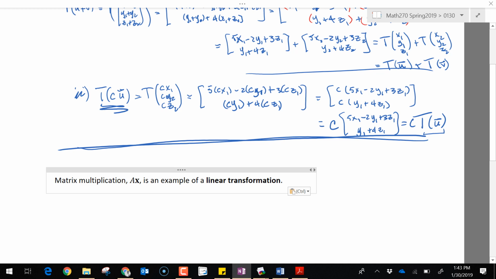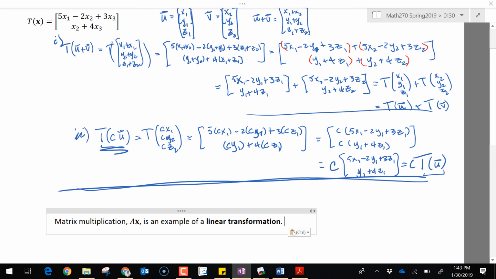So like I've mentioned, the main part of this discussion is that a matrix multiplication is a linear transformation. So that's why in linear algebra, when we're talking about linear stuff, we're always looking at it from a matrix point of view, because whenever we have a linear transformation, we can always look at it as a matrix.